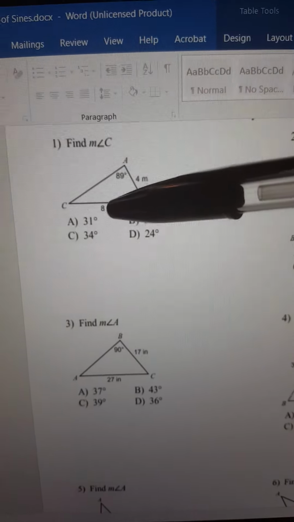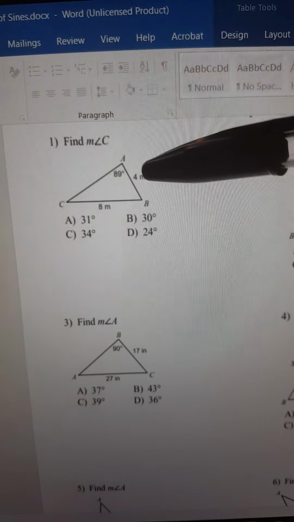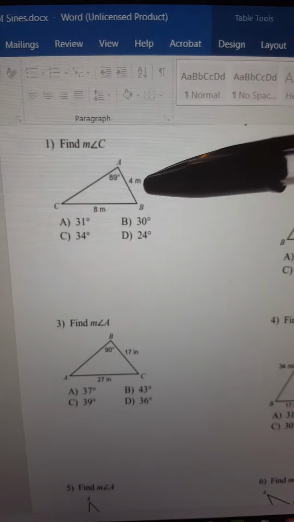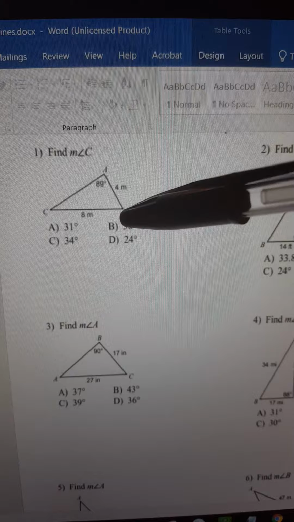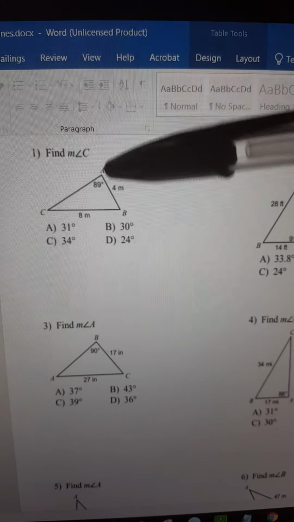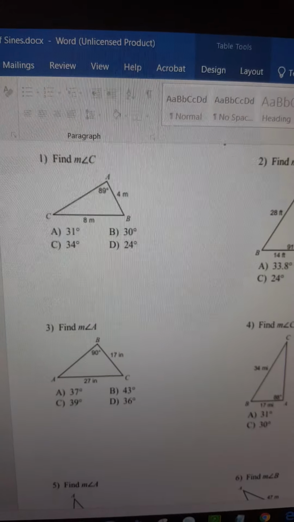This would be side little a. We have side little c. I know that because it's directly across from big C. Here, I don't know B, and I don't know that side, so that's fine. What we're looking for here is angle C, so that's kind of moot. We don't even need to know that.